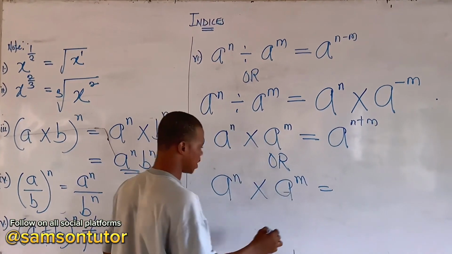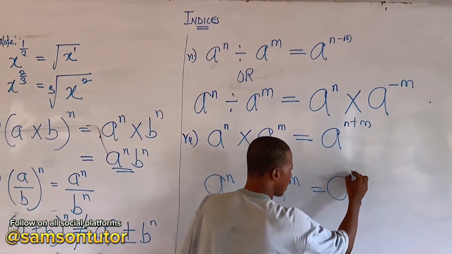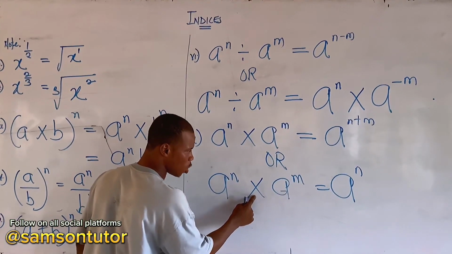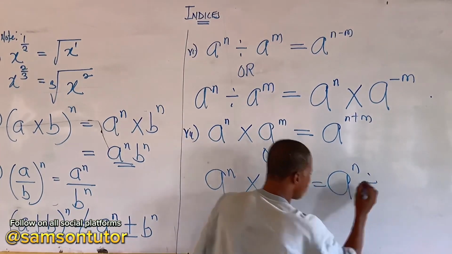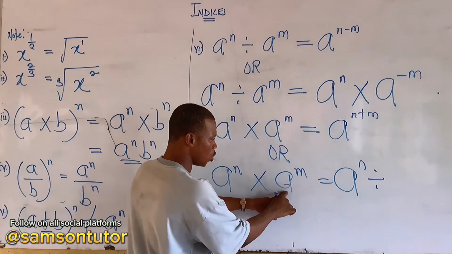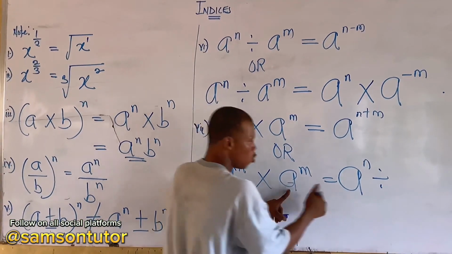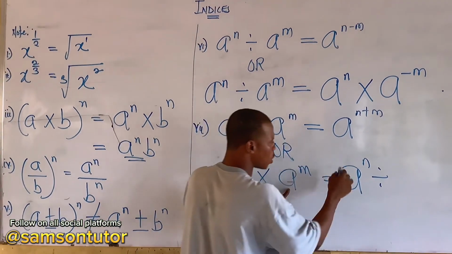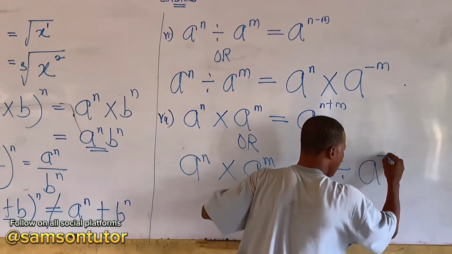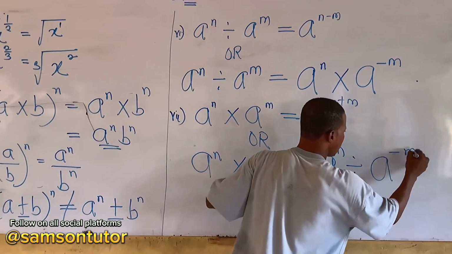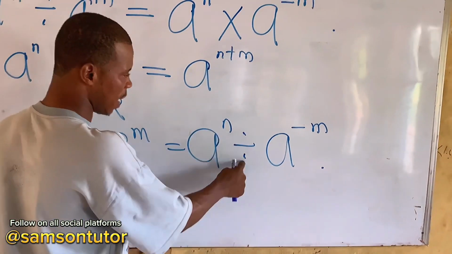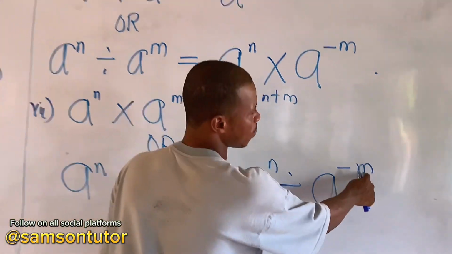You can make this multiplication sign to be division, but when you do, the power of this base a will change from positive to negative. It will now be a raised to power n divided by a raised to power minus m.